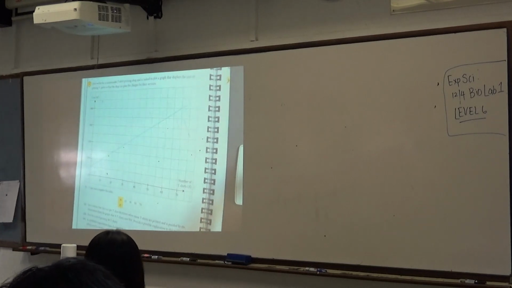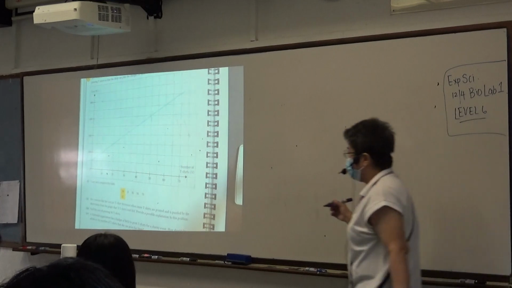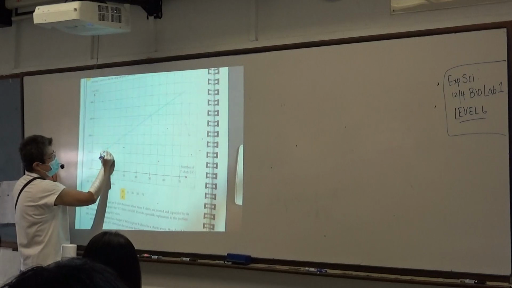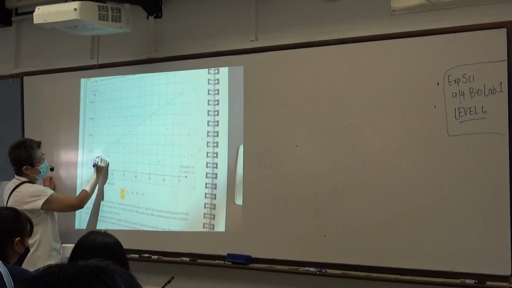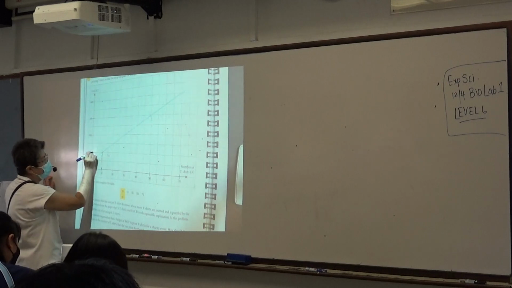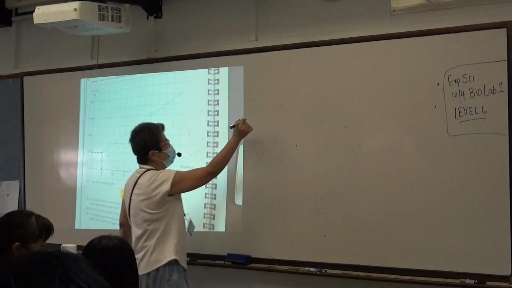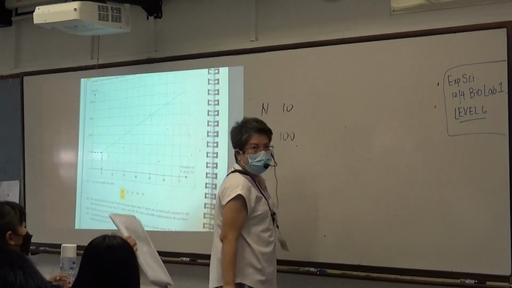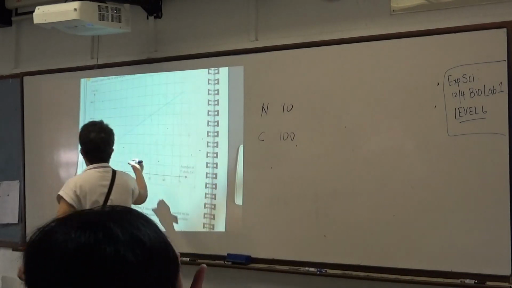Now, let's look at the first part here. When n is 10, all of you look. When n is 10, alright, and you go on the first 10. 10 is here, right? May I know how much is it? 100. Good. So the table will be, when this is 10, this will be 100, right? What about the next one? 30.